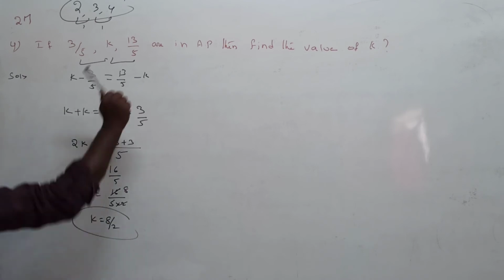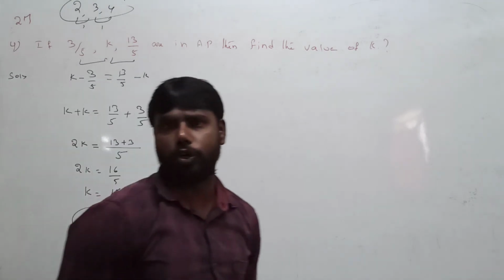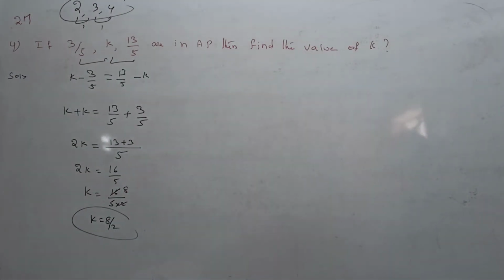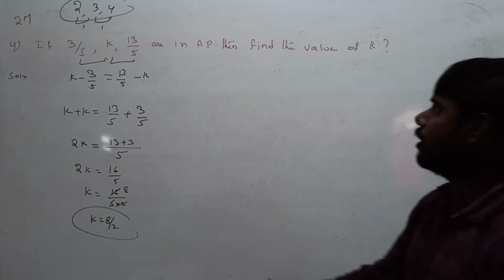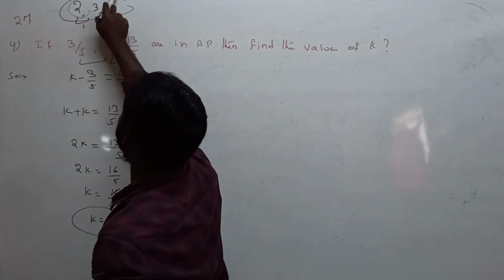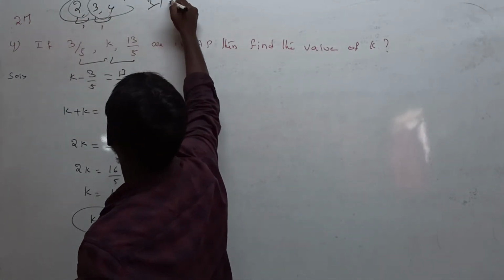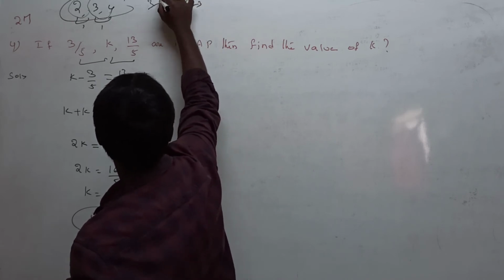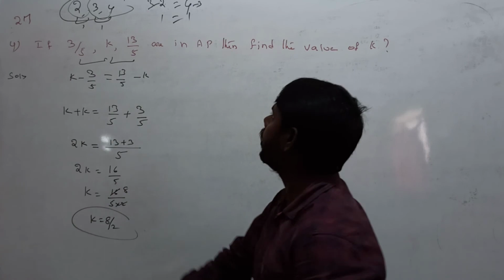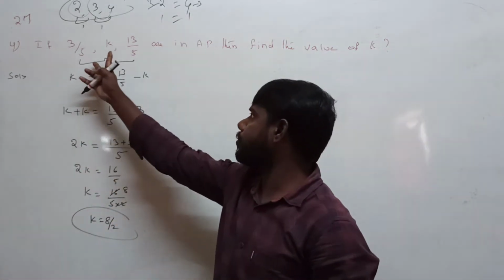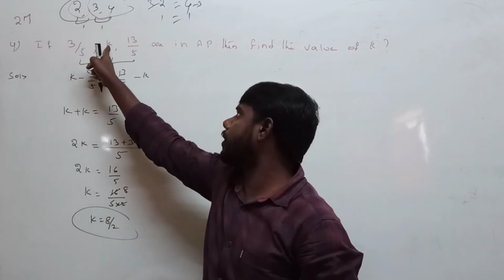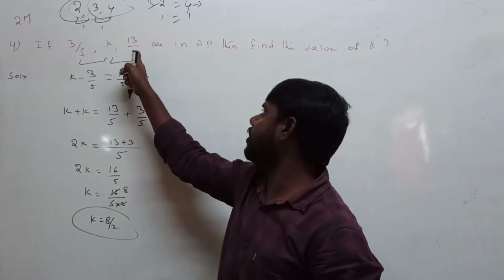According to the definition of arithmetic progression, the difference between any two terms is the same. That's why 3 minus 2 is equal to 4 minus 3, both are 1. So I am taking the second term, k minus 3/5, equal to the other difference, 13/5 minus k.